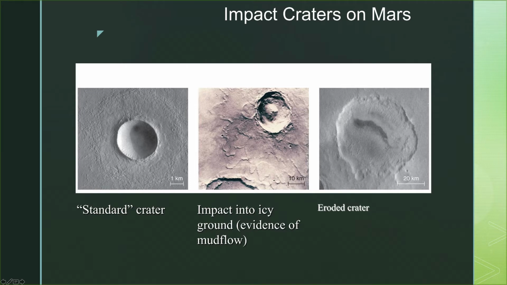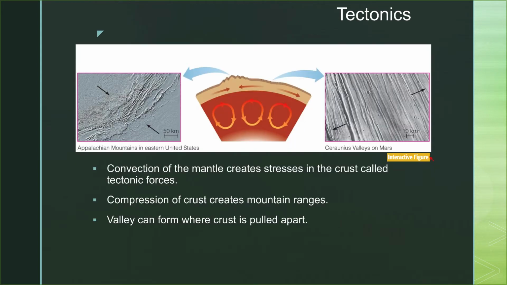There's mud flow. It's really irregular. So it really tells us a lot about the ground. And then here is an eroded crater, and there's evidence of some erosion, from wind or some other kind of erosion. And we're going to talk about erosion more. So you can tell a lot about the surface from what a crater looks like.